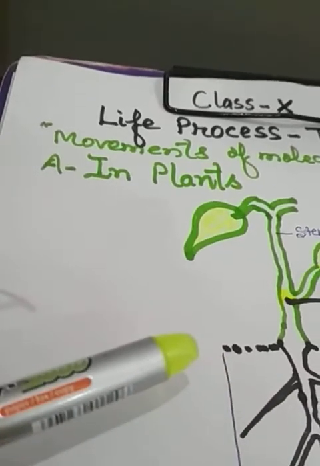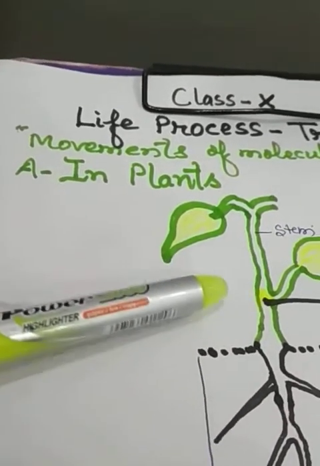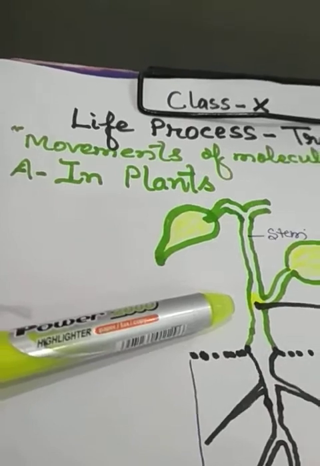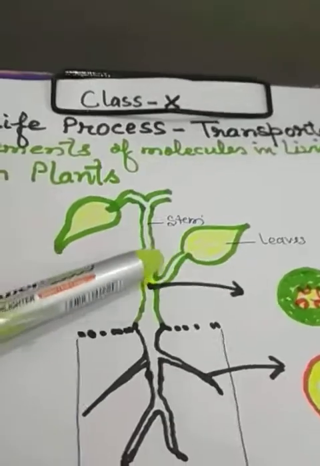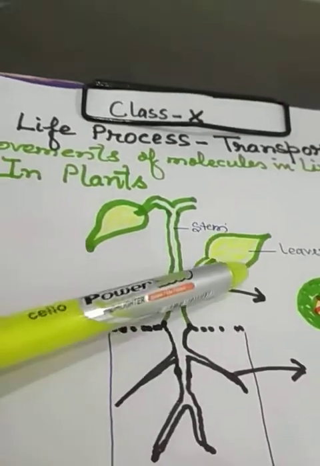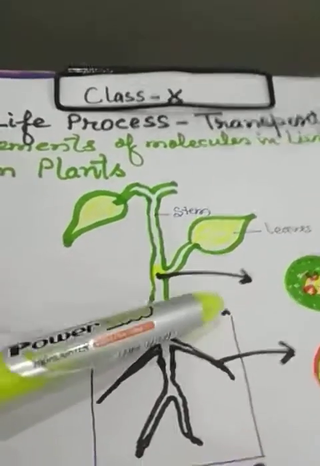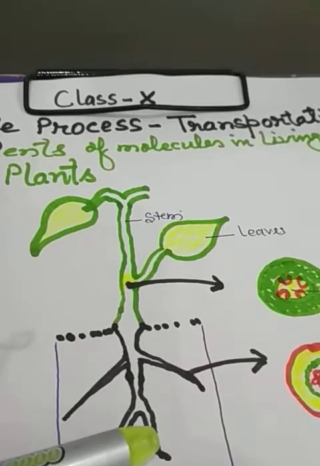This is the slide of the diagrammatic representation of a plant, which has the stem, leaves and roots. These are the roots.